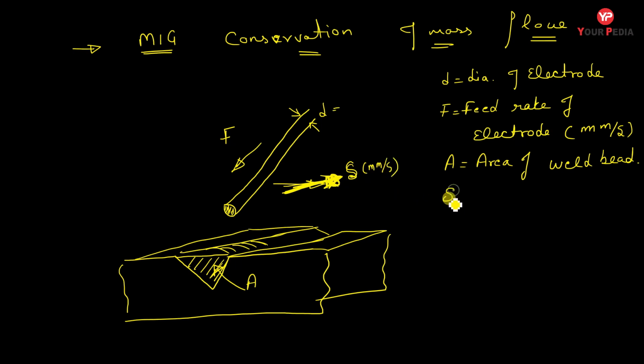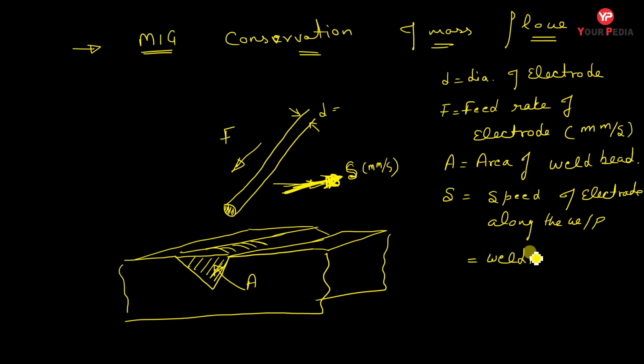So s is the speed of the electrode along the workpiece, or another term used for it is the welding speed, which we have used in the efficiency formula. The units are mm per second.